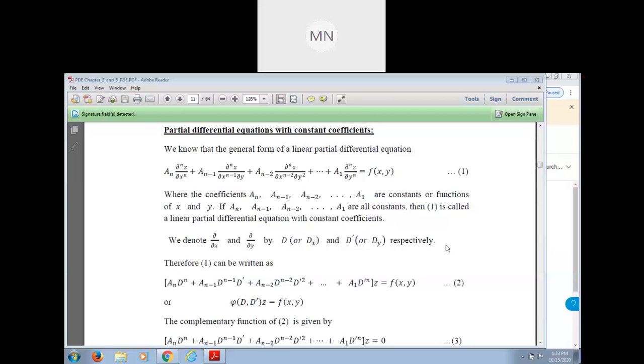Small p is del z by del x. And now tell me q is what?